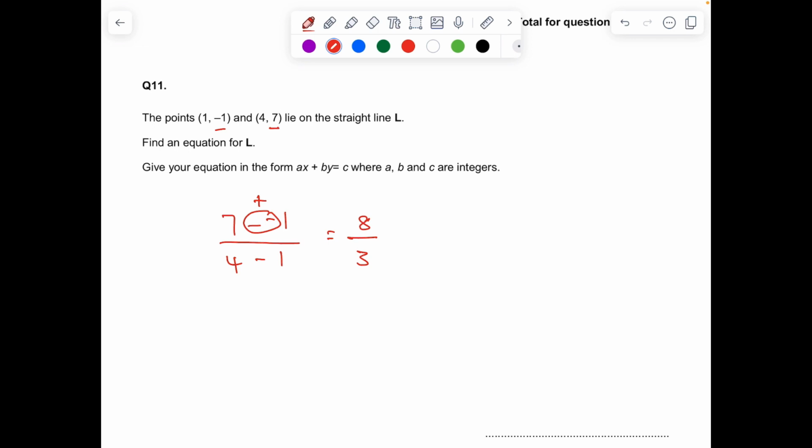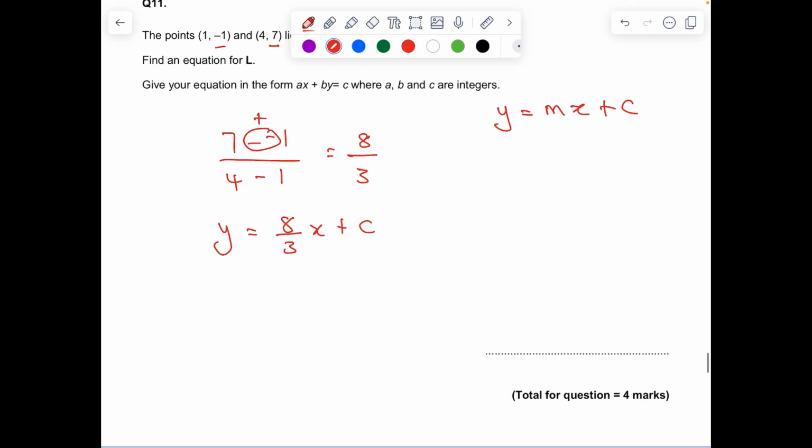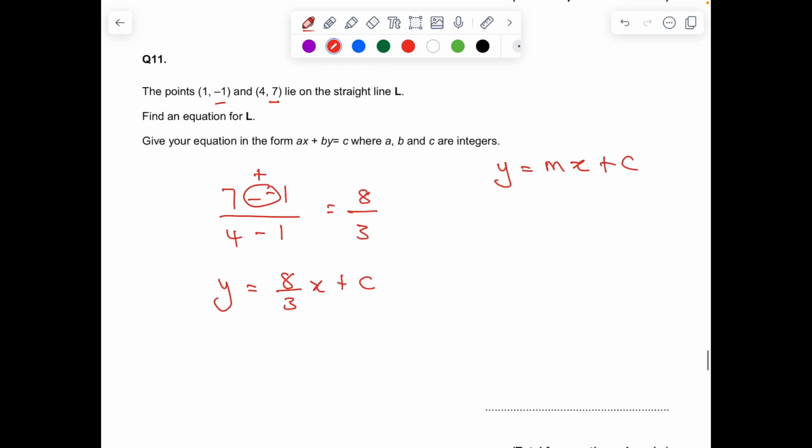Then we have to substitute back in order to find our y-intercept. At the moment we're going to make our equation look like this. So y equals 8 over 3 x plus c. So remember, 8 over 3 is our gradient, and I'm going to use this.